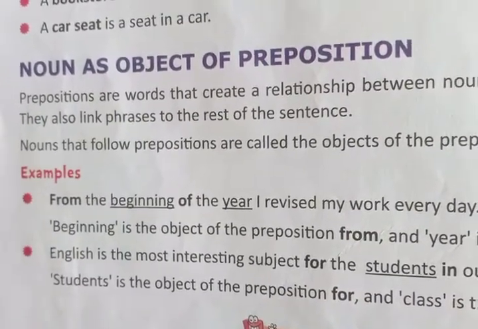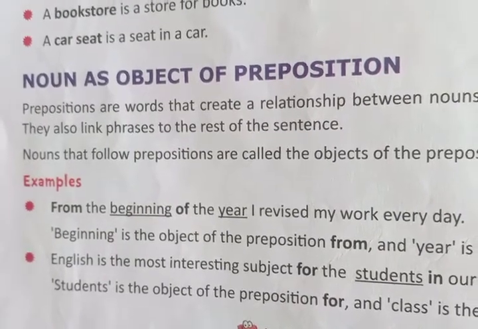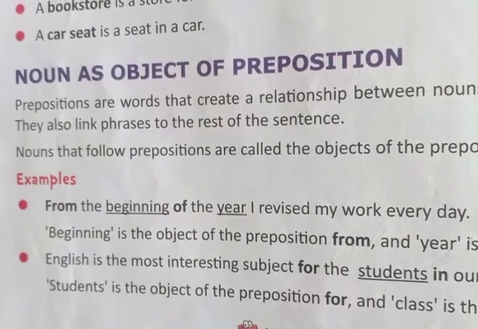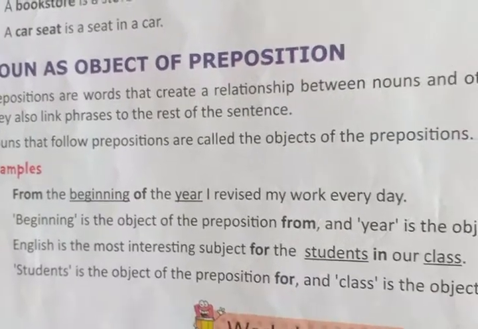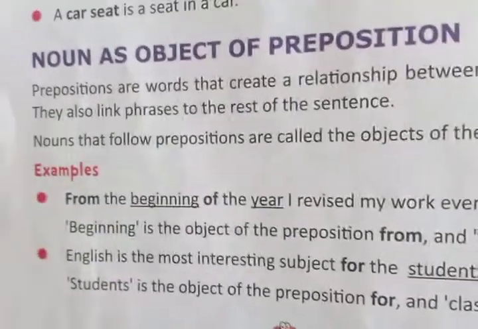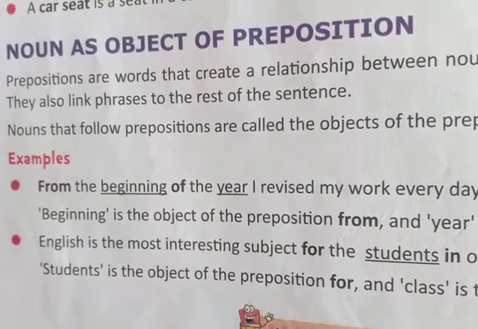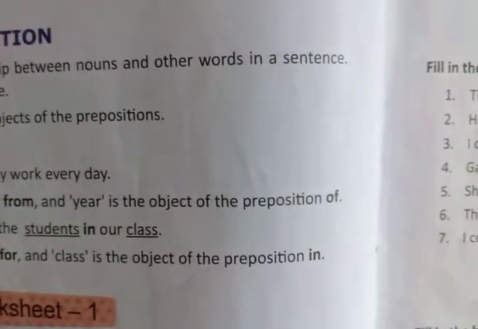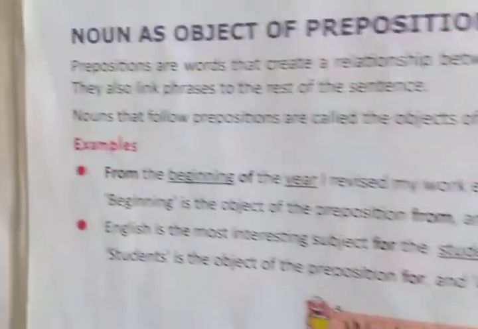So here, noun has been used as object of preposition. You see, from the beginning of the year, I revised my work every day. Beginning is the object of the preposition from, and year is the object of the preposition of.